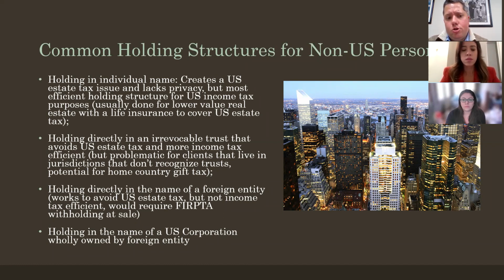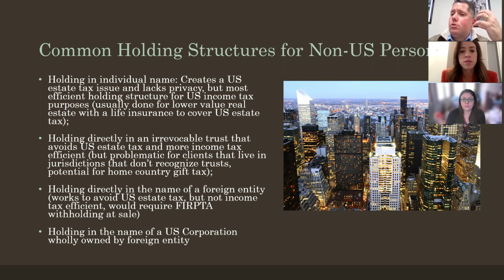The third holding structure that we tend to do is holding directly in a foreign entity, right? A British Virgin Islands company, like I just mentioned, and then holding the real estate. This is a great way of avoiding U.S. estate tax, because by putting it in the foreign entity, it's what we call a foreign blocker.